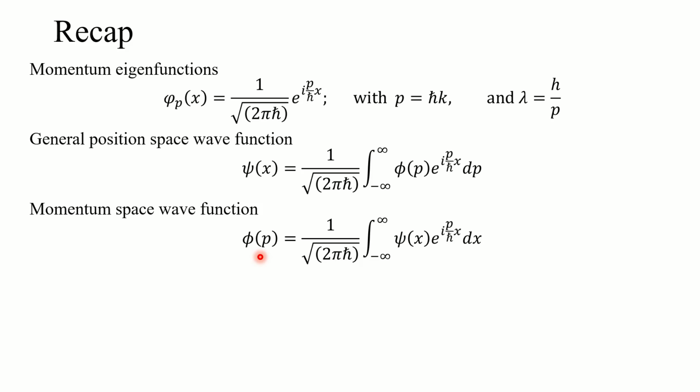Likewise, if we go to momentum space, the momentum space wave function is the same sort of thing. It's the probability amplitude of having that particle have a momentum of value p, and because p is a continuous variable, this ends up being a continuous function rather than a bunch of discrete coefficients in a linear combination. But they are actually the Fourier transform and the inverse Fourier transform of each other.